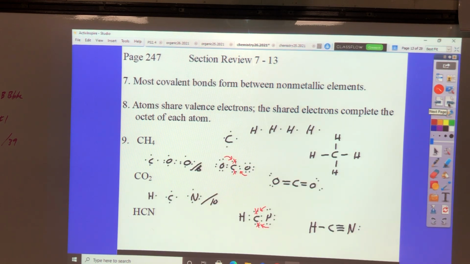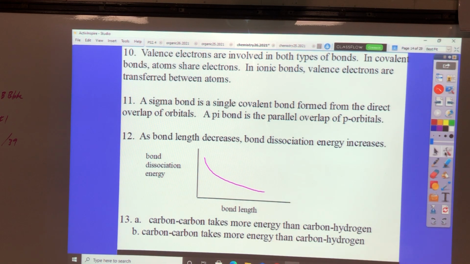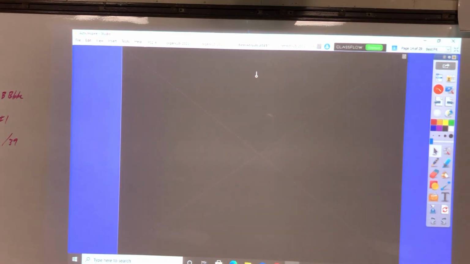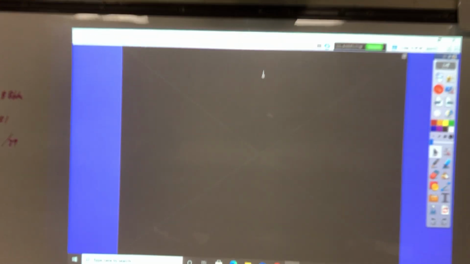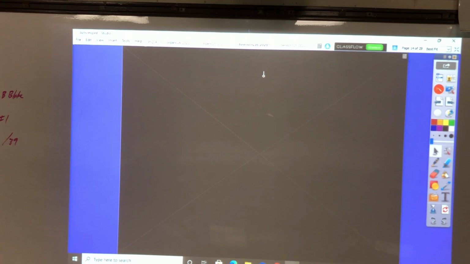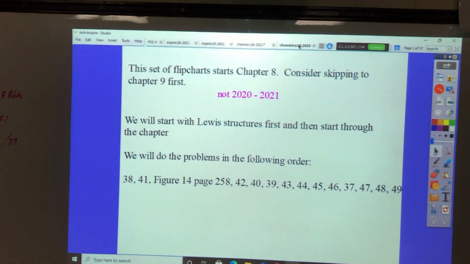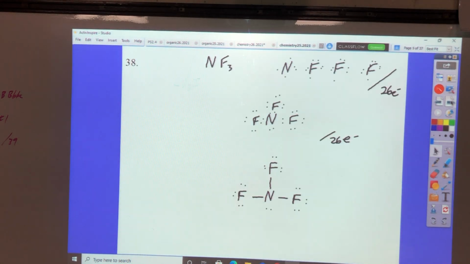Okay, so that's how you show single, double, and triple bonds. Okay, next question. Compare and contrast ionic and covalent bonds. Well, there was a big table in probably the last video. I said, this is real important and you gotta know this. Where was it? I don't know where it was.